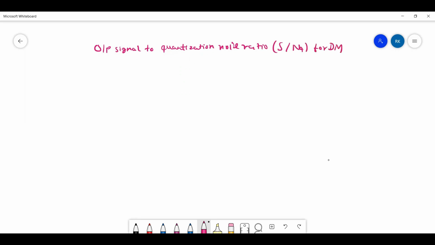So we have derived NQ just now, just 10-15 minutes before, and in order for you to recall this, I'm writing it down directly that this was the NQ, and this was S naught, output signal.